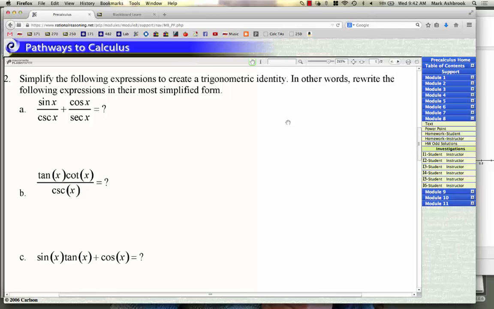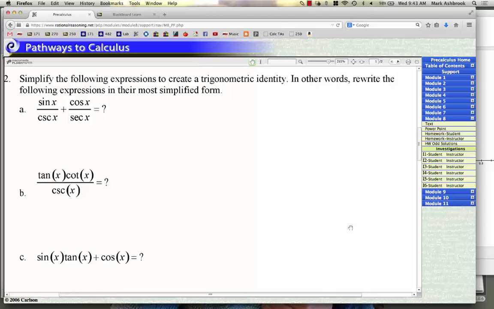Okay? So here are some techniques. The first technique is change everything into sine and cosine, because that's what we have more identities for. So whenever you have cosecant, secant, cotangent, and tangent, sometimes it's strategic to change all of those into their equivalent sine and cosine expressions, and then work on it. So that's the first technique.